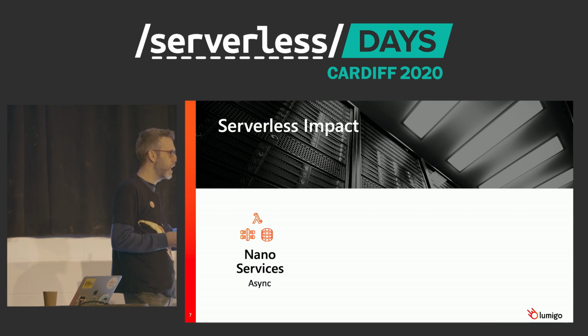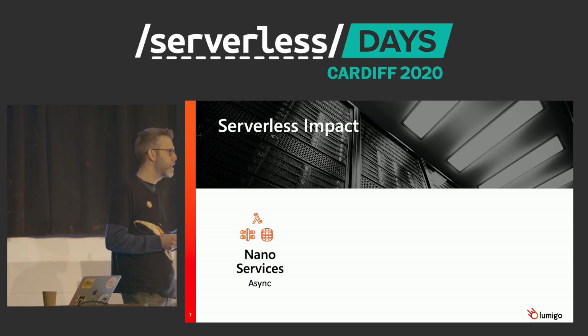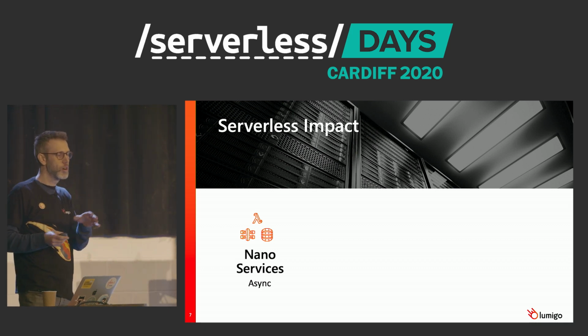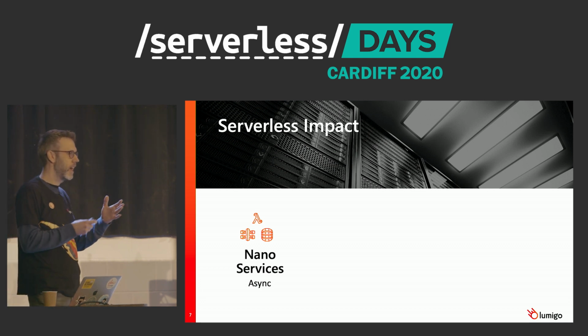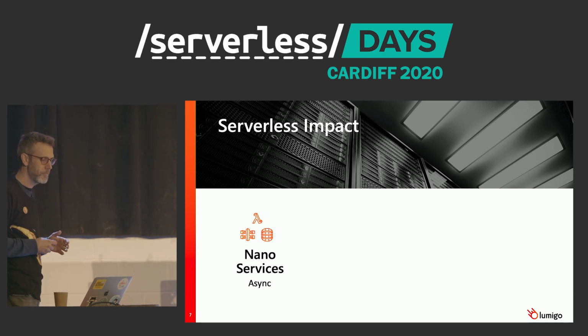So if one goes down, it doesn't mean that all of them are going to have a cascading effect and everything is down. If one of them has a surge in usage, it doesn't mean that everybody is going to suffer. So you're going to put different queues or buckets, anything in between, in order to decouple your system.